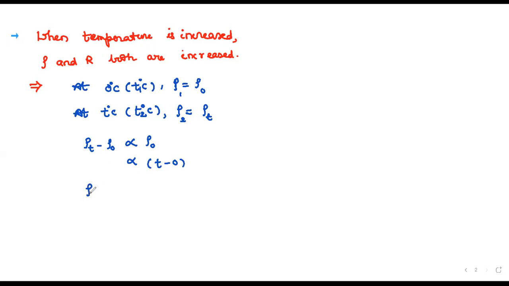So rho T minus rho naught is proportional to rho naught into T altogether.